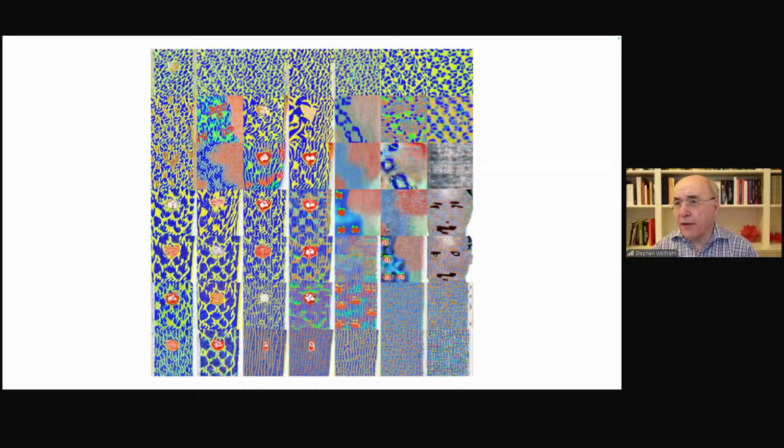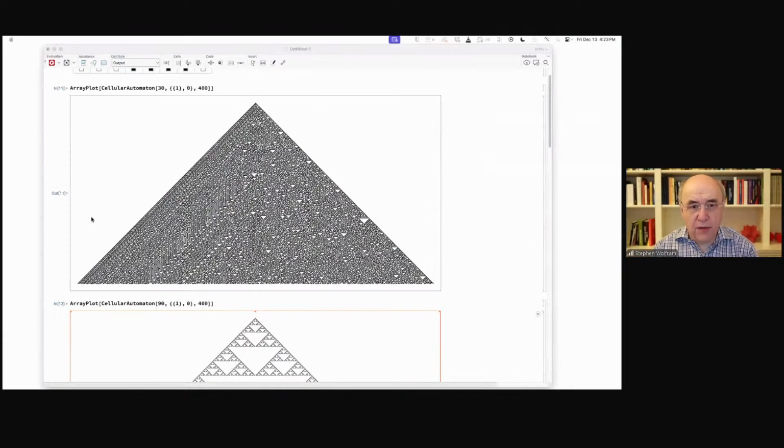Another thing I've tried to do, I wonder if I can show you a picture of this, is to look at cases where we can compare things that have been created by human effort versus things that are just found by searching the computational universe. Let's see if I can do that.